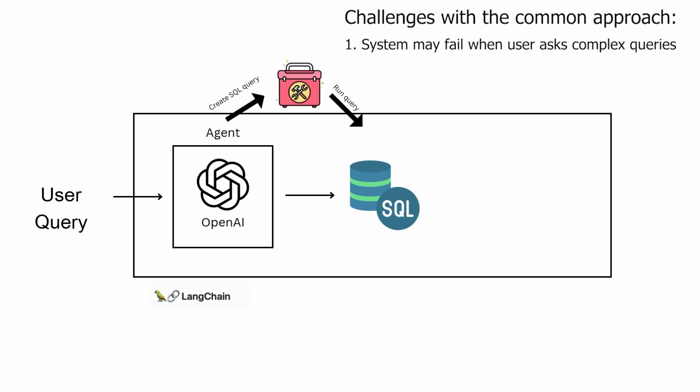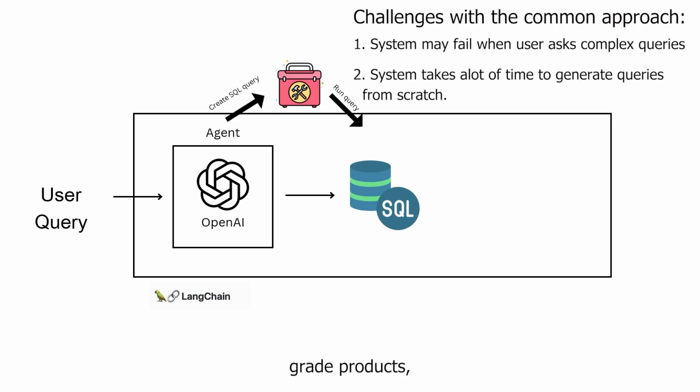And the next problem with this approach is that ChatGPT has to create a whole new SQL query. You take the user query, convert it into a SQL query, and run it all from scratch. And this is really bad for the speed performance. And with production grade products, speed is the biggest factor in everything.